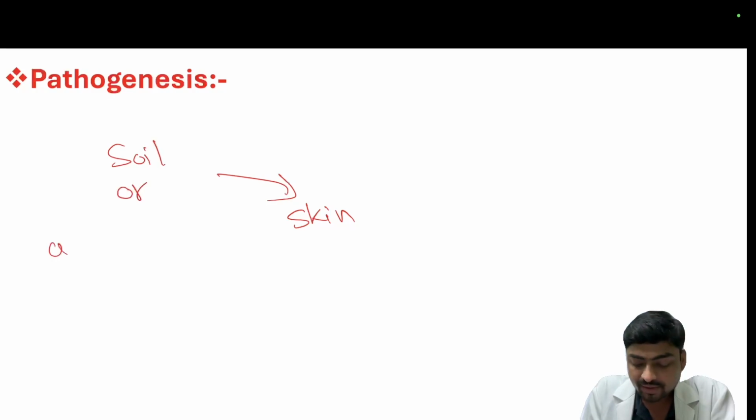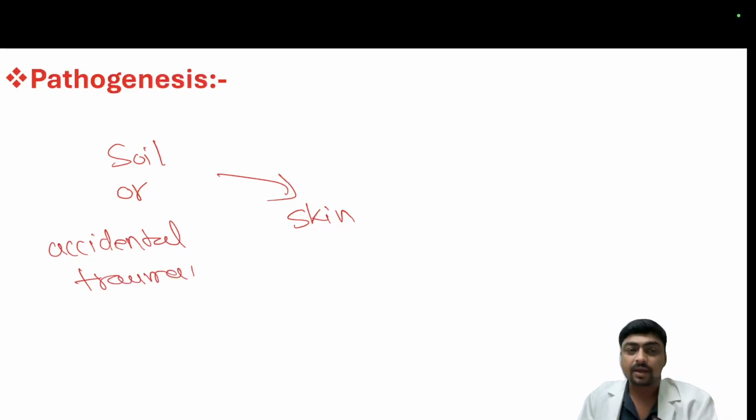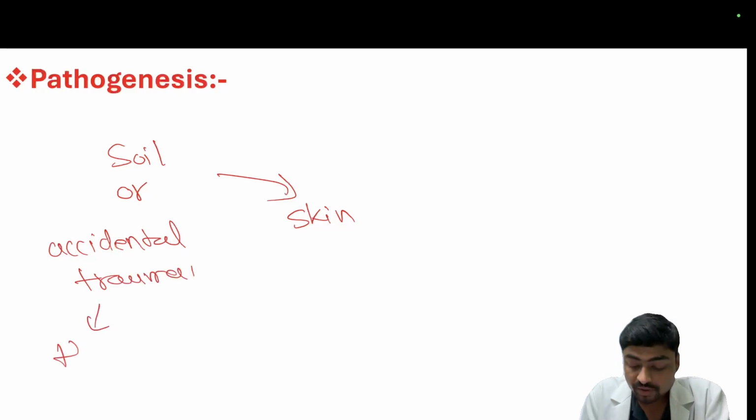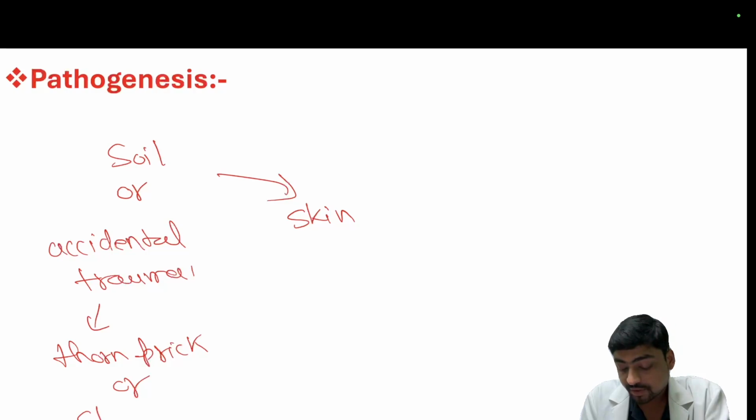Now let's come to the pathogenesis. These bacterial or fungal agents in mycetoma enter the skin through soil or by accidental trauma. Accidental trauma like thorn prick injury or splinter injury.